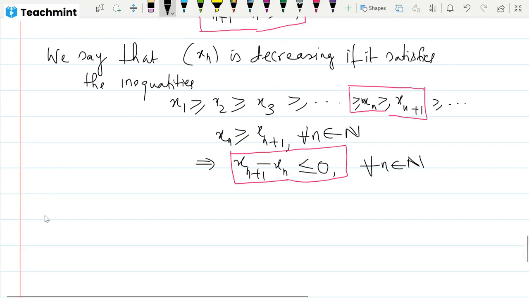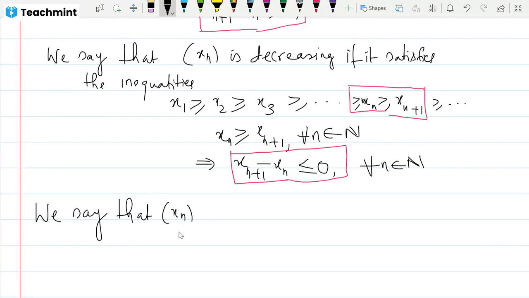Okay, sir. Now I will define what is a monotonic sequence. We say that xn is monotonic if it is either increasing or decreasing.